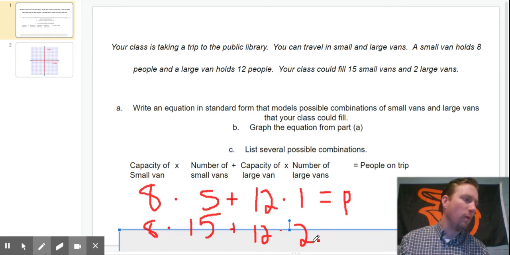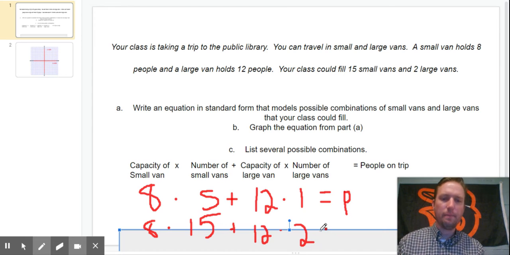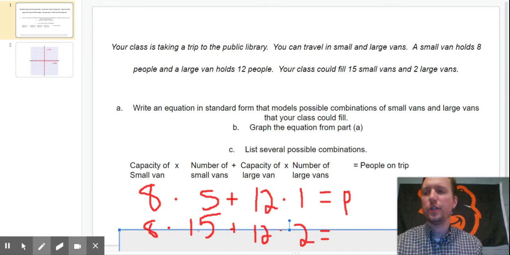That's going to give us P, which is how many people would be on this trip. So 8 times 15 plus 12 times 2.